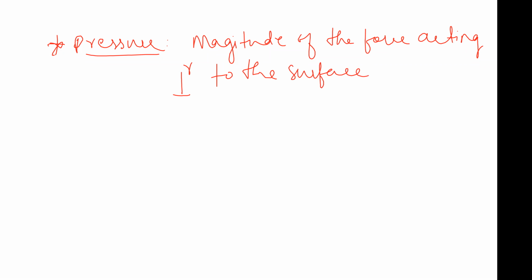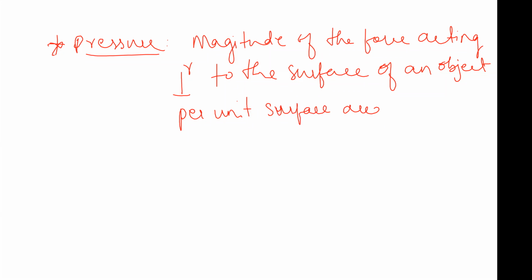Perpendicular to the surface of an object per unit surface area, per unit surface area of the object ಅಂತ ಕರಿತೀವಿ.